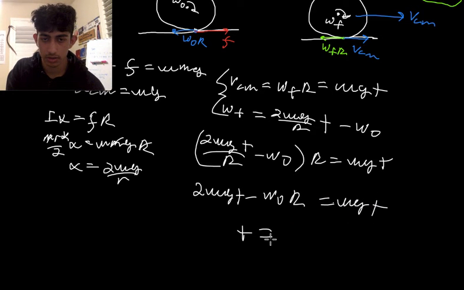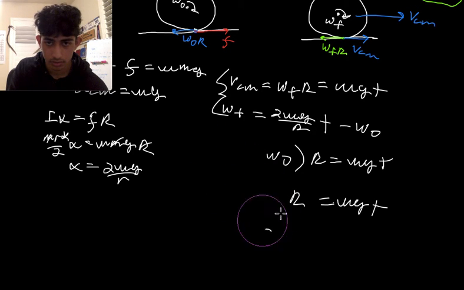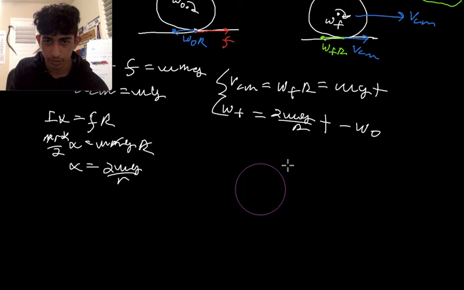And you get that t is equal to, sorry, run it back. The velocity of the center of mass is not going to equal omega fr. It is going to equal negative omega fr.